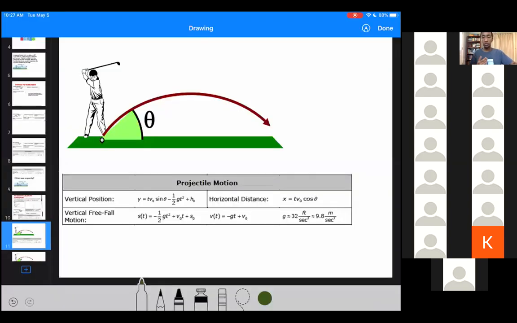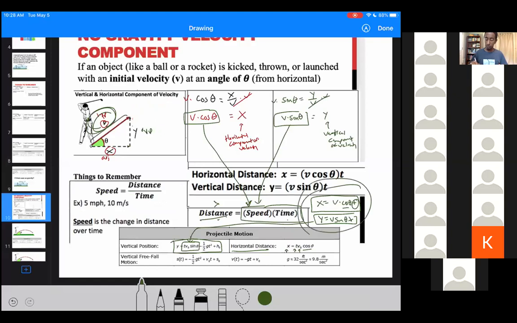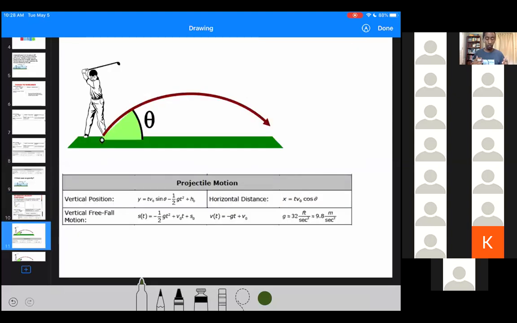The thing is that there is gravity, right? So that was assuming there was no gravity. If there was no gravity and the ball was hit from the ground, then you would simply use these two equations to determine the horizontal distance and the vertical distance of where the ball is. But because there is gravity, the ball is being pulled down. Gravity pulling something down only affects the vertical distance. It doesn't affect the horizontal distance, right?